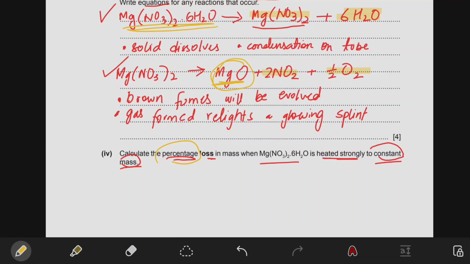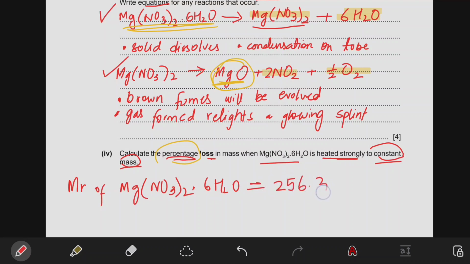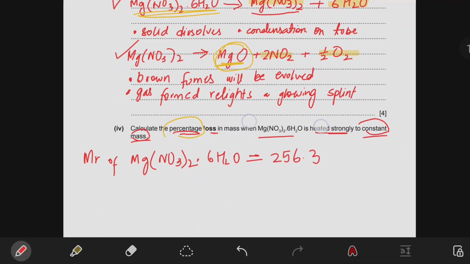So what you do is you simply take out the MR of Mg(NO3)2.6H2O, which, if you calculate, would be 256.3, and then you take out the MR of MgO, which is 40.3.